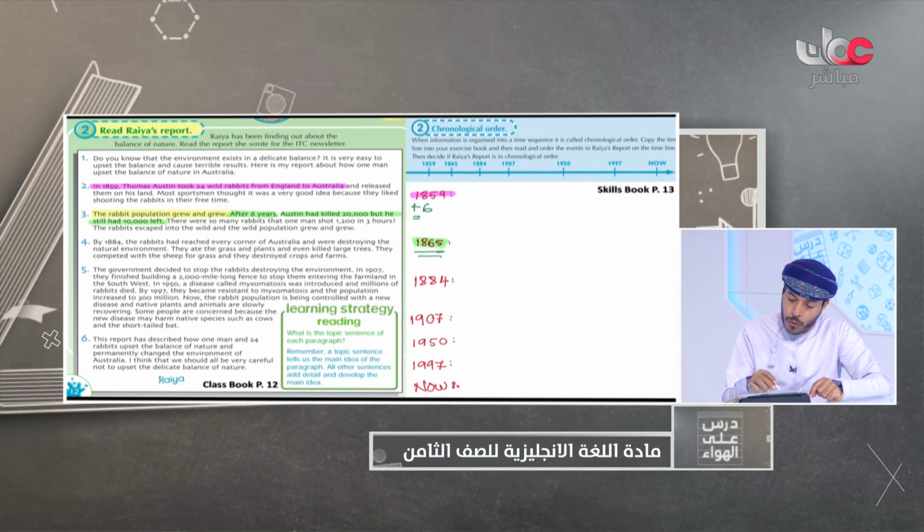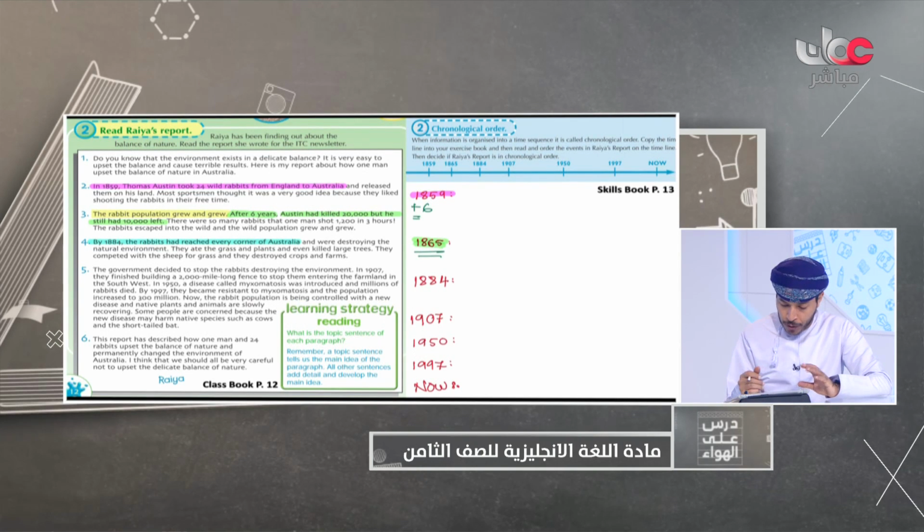Then we will move to the next one, and you can write this, develop your sentences in your exercise book. So what happened in 1884? As you can see, the rabbits had reached every corner of Australia and were destroying the natural environment.